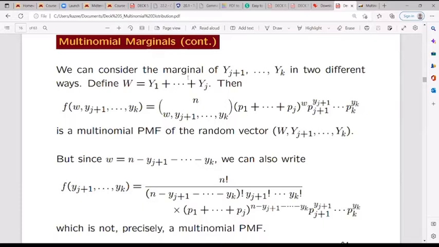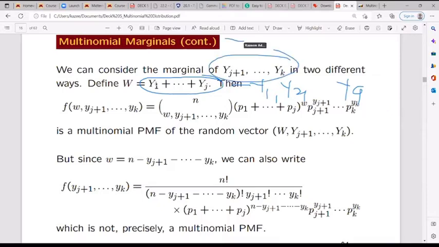Take a look at this: y1 up to yj, it's like you're having y1 to y9. Let's say you have y1, y2 up to y9. Just assume that. And maybe this one is now starting from y10, y11, and so on like that. Take a look at that.